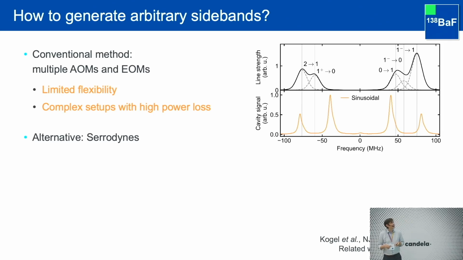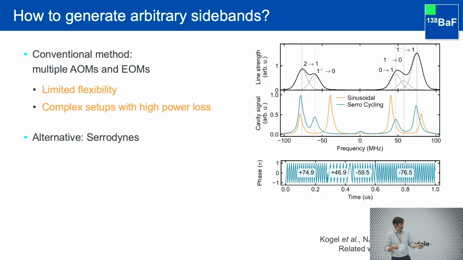What we came up with is an old technique. It's not something new, serrodynes. So in serrodynes, what you do is you drive your phase modulating EOM not with a sine anymore, but you drive it with a sawtooth pattern. And then it's a fairly easy calculation to see that such a slope basically shifts the frequency of the laser by something that is proportional to the slope that you're applying in your sawtooth. And then you just concatenate different slopes, and so you're just looping through different frequencies.